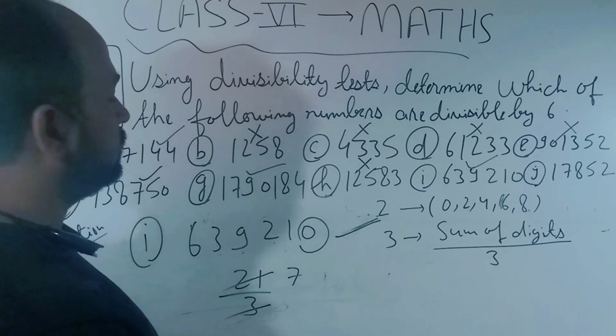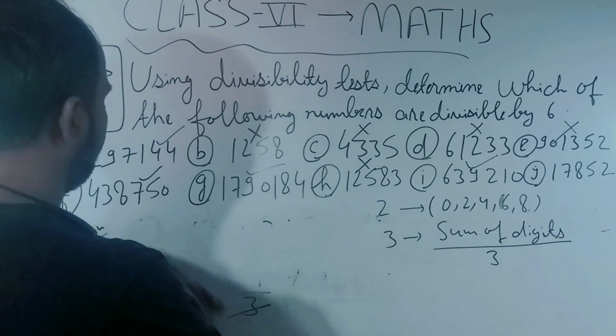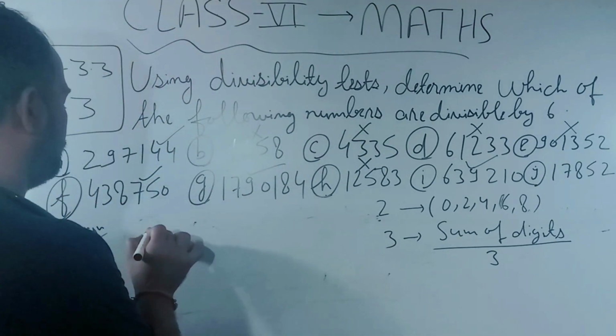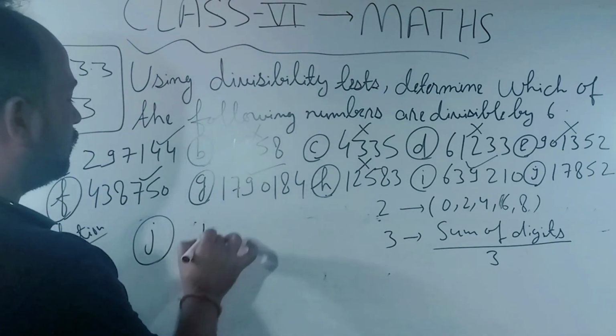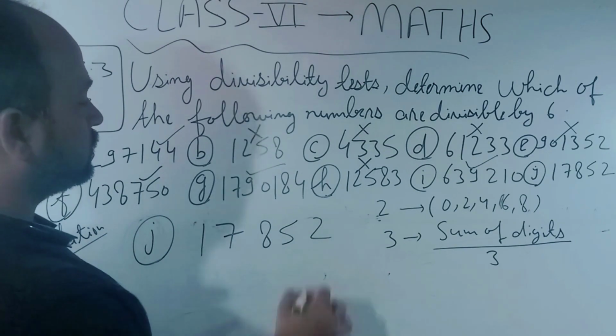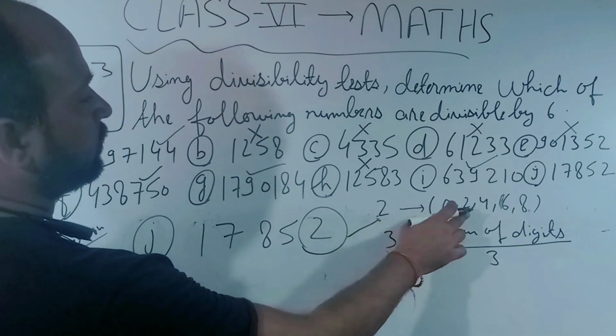Now we will check for J, 17852. At the ones place 2 is coming, so 2 is coming from this group.